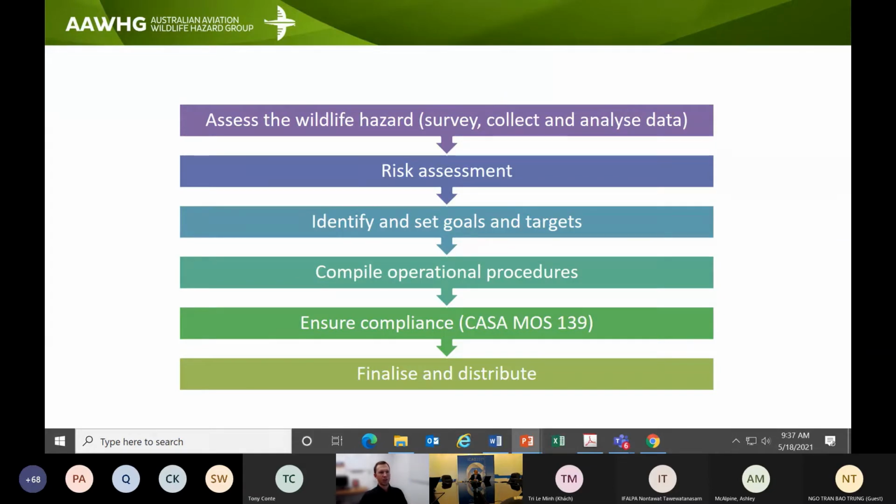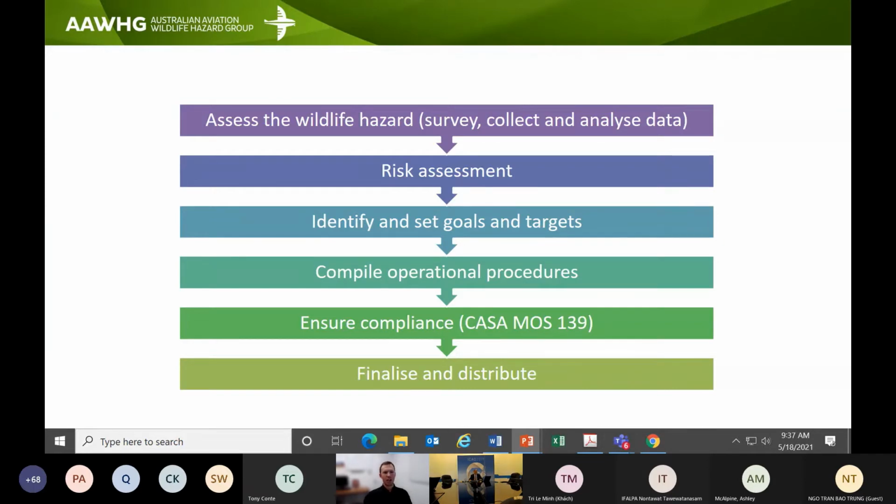So on this slide, we have an image here that's been adopted from the Australian Airports practice note number 9, which is on wildlife hazard management at airports. Now, this resource is available online, and I'm sure we can send the link out to anyone who's interested in reviewing this practice note. It is a fairly valuable resource.